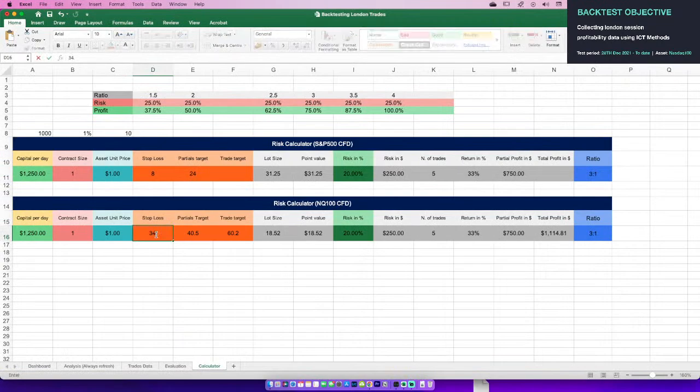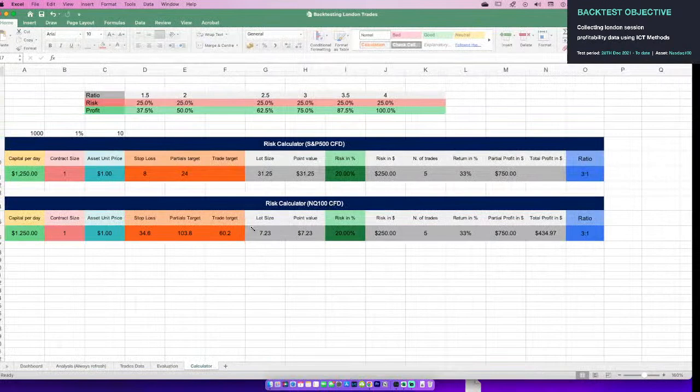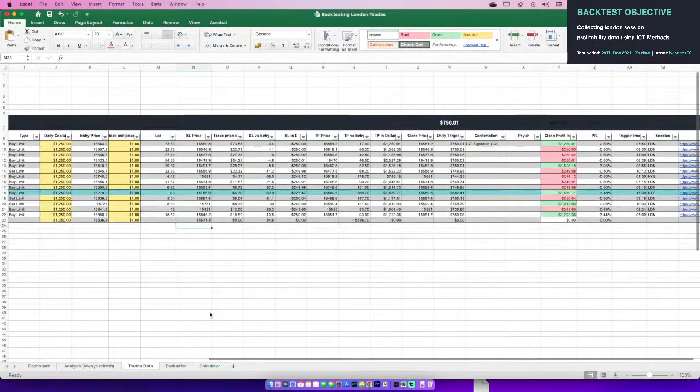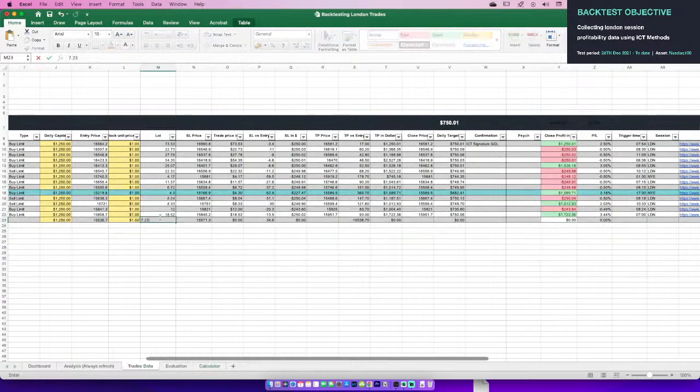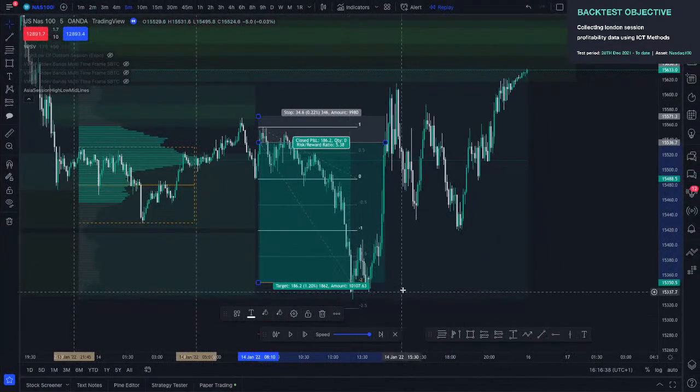The lot size is going to be, what's the lot size here? 7.23, 250, that's nice. And the take profit was my 2 standard deviation. Well, it really wasn't.